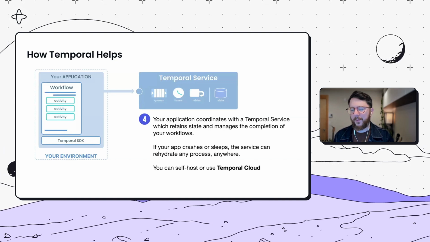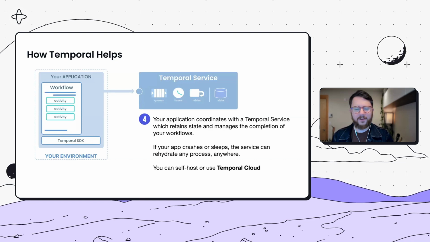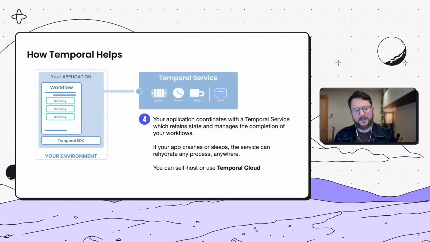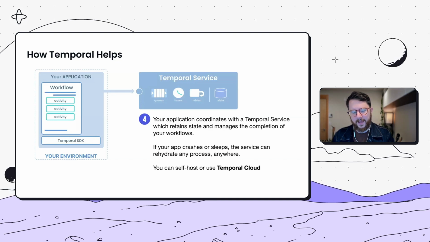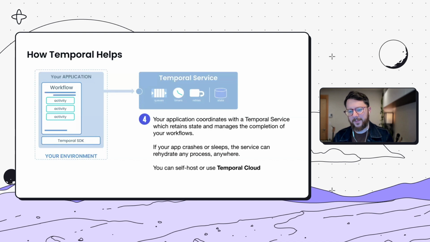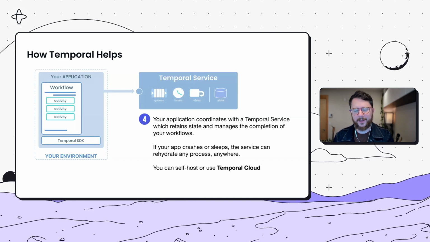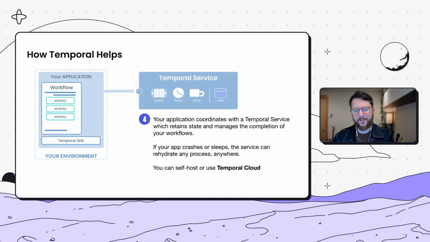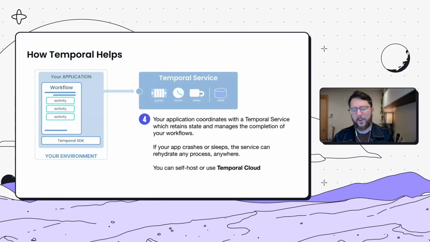There's also Temporal Cloud, which is our pay-as-you-go SaaS product, which has a feature called multi-region namespaces. That means your workflows can actually survive an entire cloud region going down, and those workflows will pick up where they left off. Again, another massive bonus, and you can do that with the self-managed Temporal service as well.